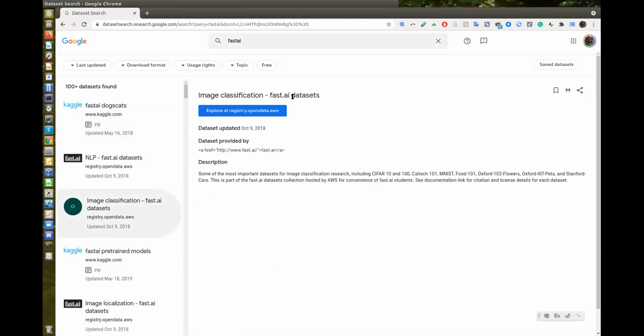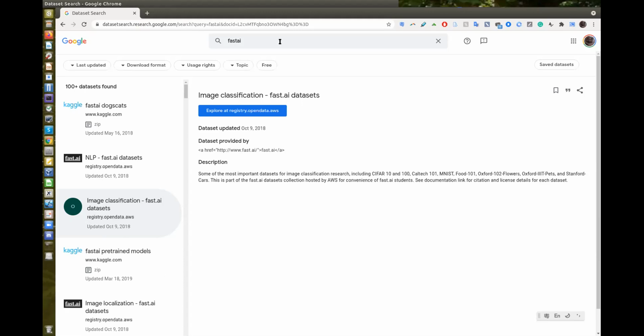You can also try to look for fast AI. I'm not sure if you've heard of Torch and PyTorch. PyTorch is used to build neural network models, based on the original Torch, which they ported to Python and called PyTorch.